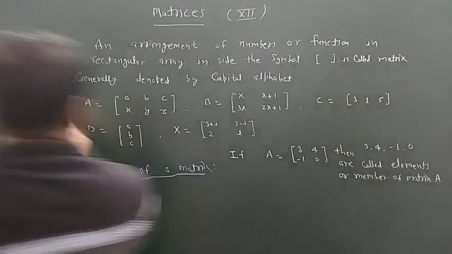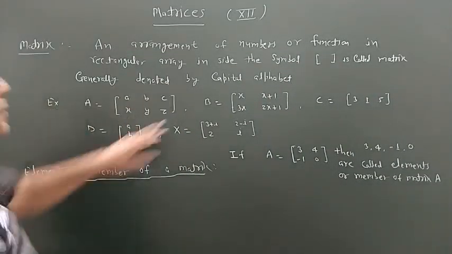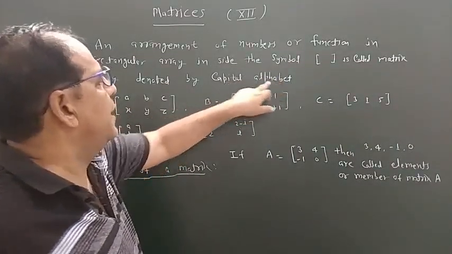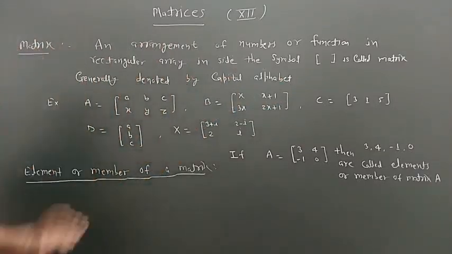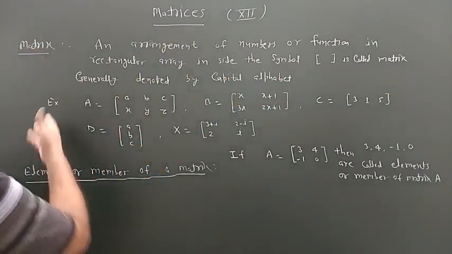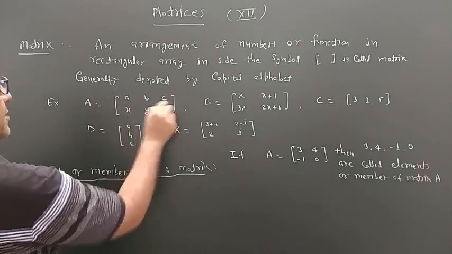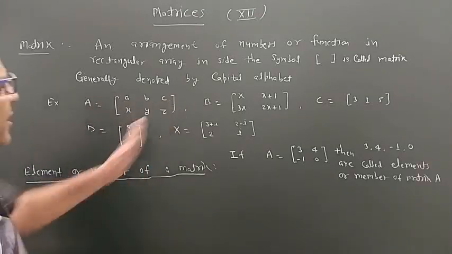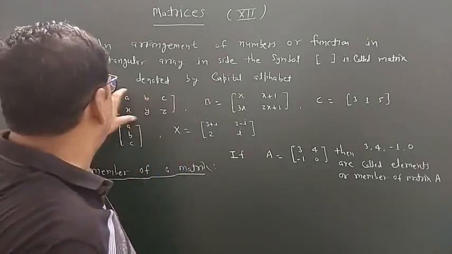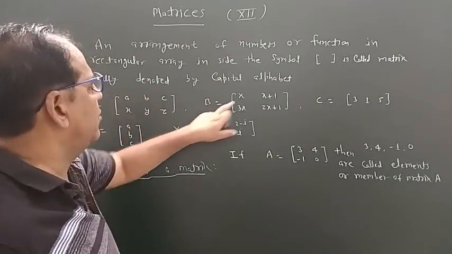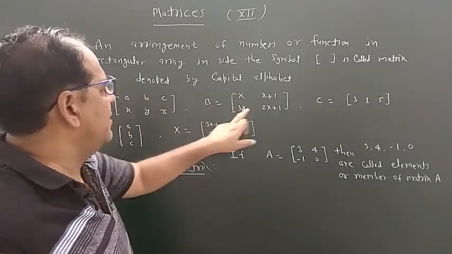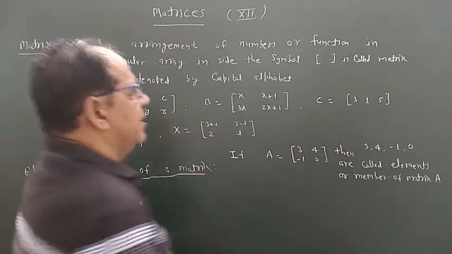Generally, matrices are denoted by capital alphabets, say A, B, C, D, etc. For example, A equal to the matrix with A, B, C, X, Y, Z. Second example, B equal to the matrix X, X plus 1, 3X, 2X plus 1.